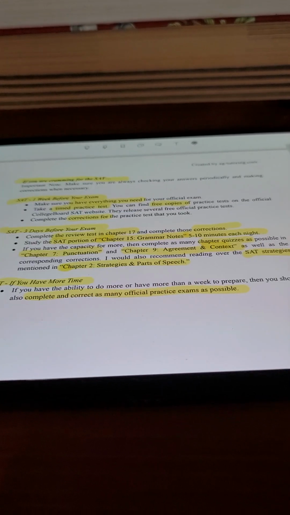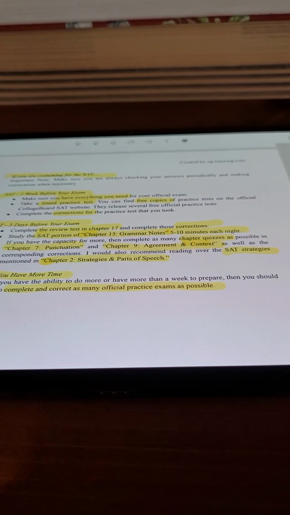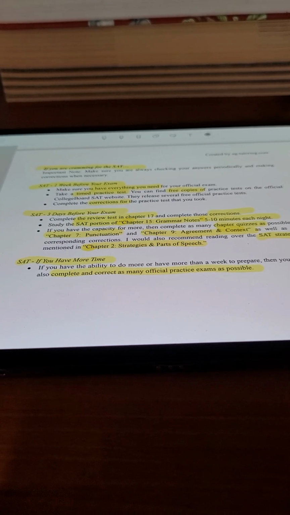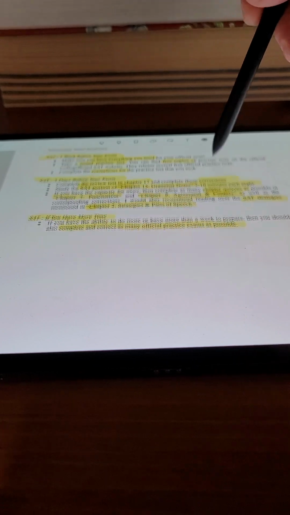I would also recommend going over the SAT strategies in chapter 2. At the beginning of chapter 2, there are ACT strategies and SAT strategies. Definitely read the SAT strategies. And if you have more time, start completing and correcting as many practice tests as possible if you're in the cramming stage. Cramming would be when you have less than a month.